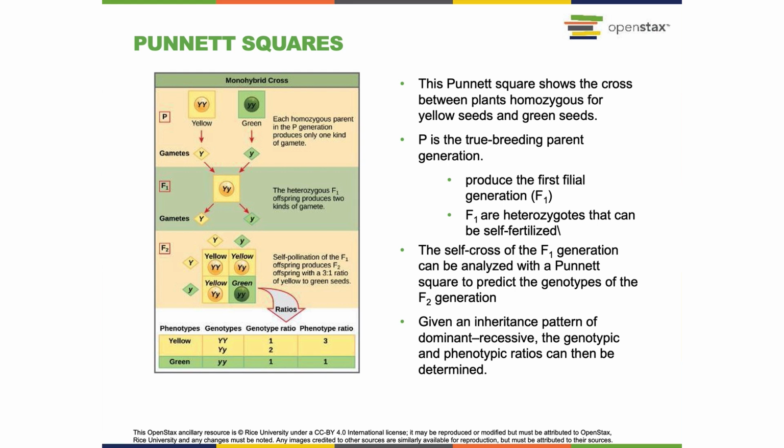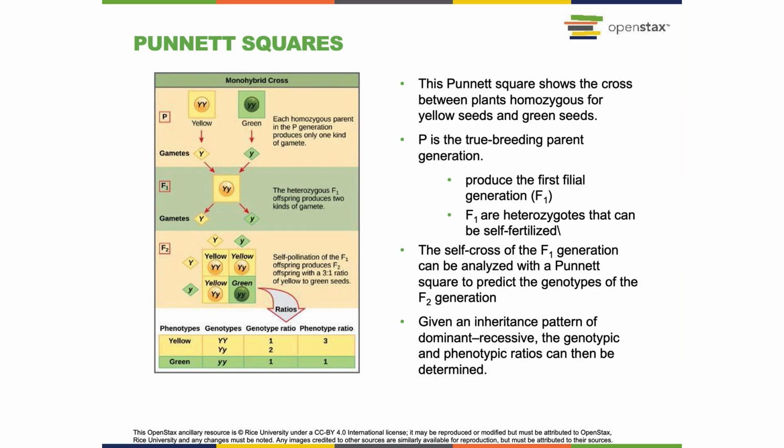All right, so my genotypic ratio is 1 to 2 to 1, homozygous dominant to heterozygous to homozygous recessive. My phenotypic ratio is 3 to 1, yellow to green. Now, that's what I use to generate those percentages that you saw before.